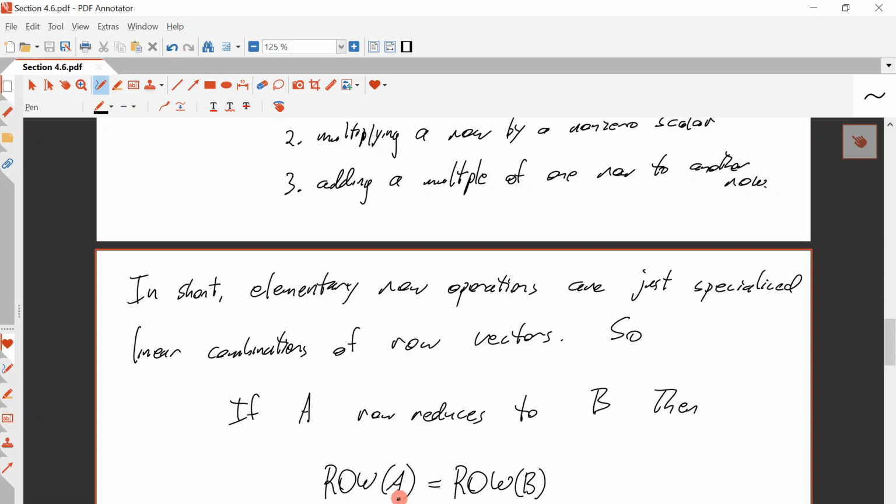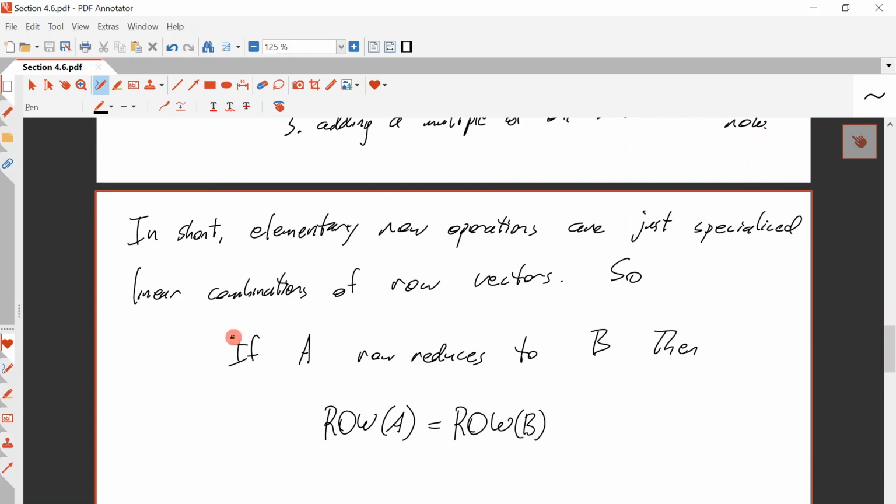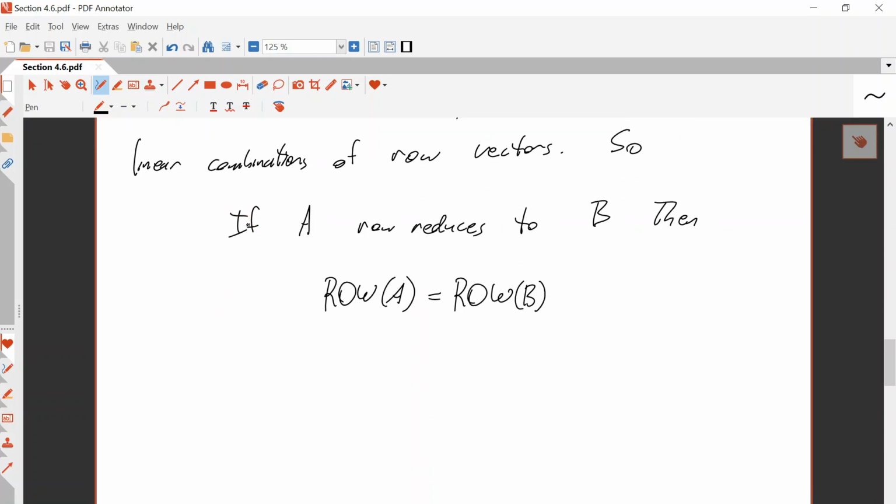Because you're just taking linear combinations of the row vectors of A. The row vectors of B are linear combinations of the row vectors of A. So, I mean, it's just taking linear combinations in slightly different ways. Right? But they end up being the same subspace. The linear combinations add up to the same vectors. So whether you're doing linear combinations for A or linear combinations for B, it's fine.